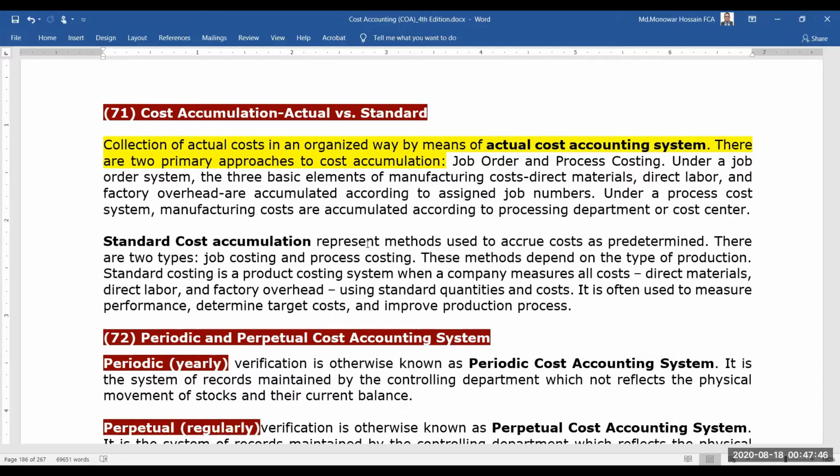Under a job order system, the three basic elements of manufacturing cost, direct material, direct labor, and factory overhead, are accumulated according to the assigned job number. Under process costing, manufacturing costs are accumulated according to the processing department or cost center.